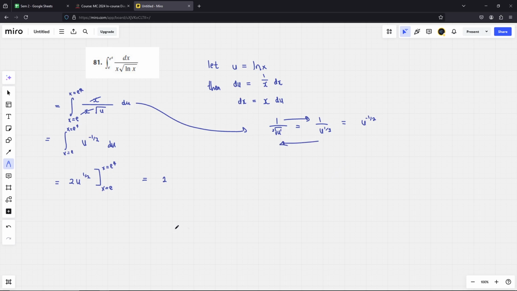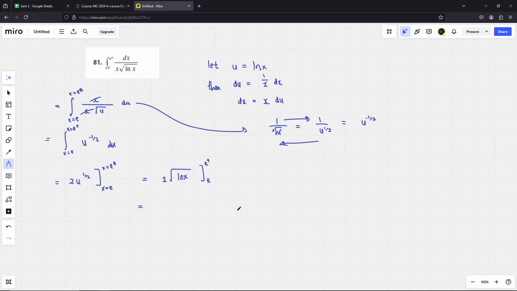If I have a half as the exponent, this is the power, so it's going to be u, and this is my root, so square root. And of course we're going to sub back in for u, so it's going to be 2 times the root of ln x, from e to e to the 4.